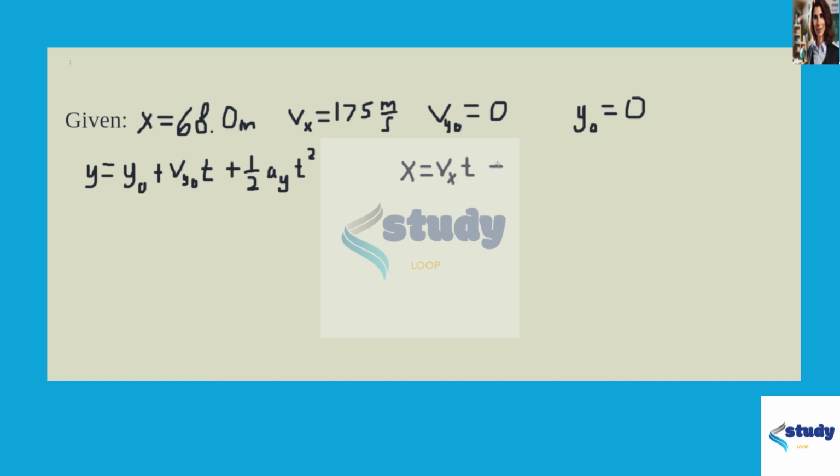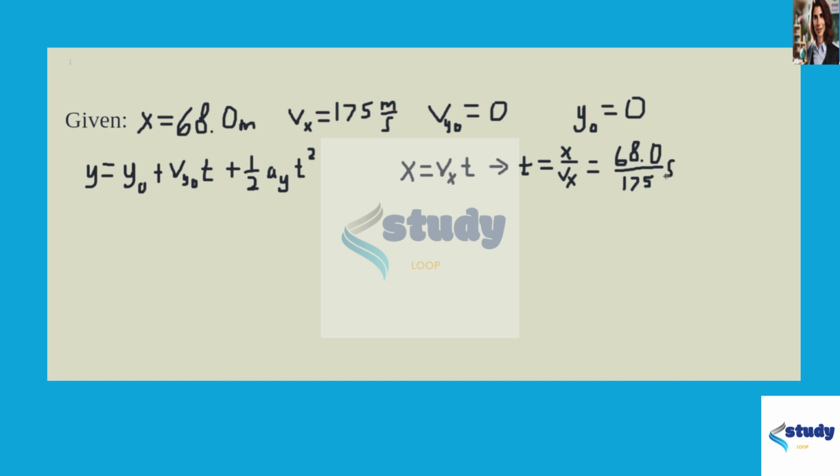If we solve for t here, we have t is equal to x, the distance, divided by v of x, the velocity in the x direction, which is equal to 68 meters divided by 175 meters per second. That gives us units of seconds.